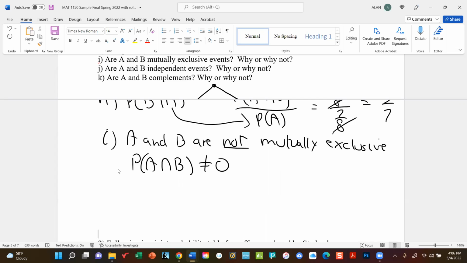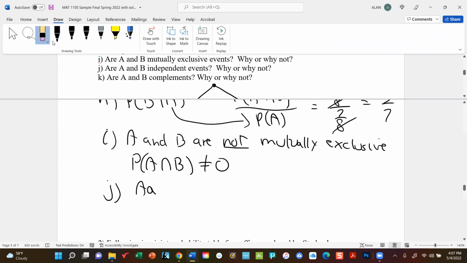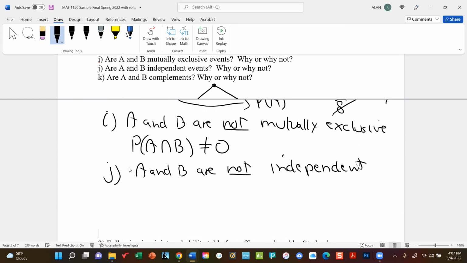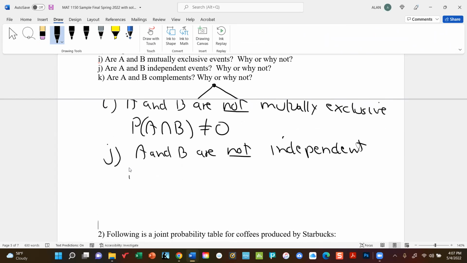All right, now for J, we want to know if A and B are independent. Well, it turns out that they're not. And why is that? That's because independence requires 2 things.